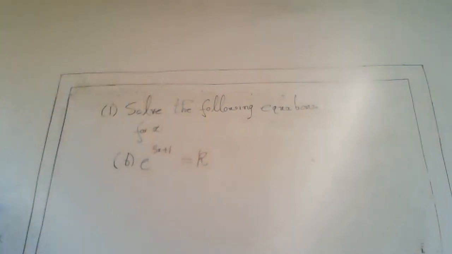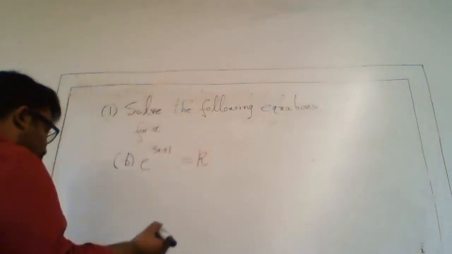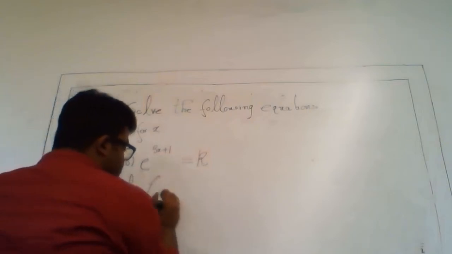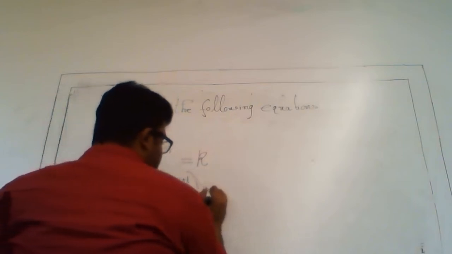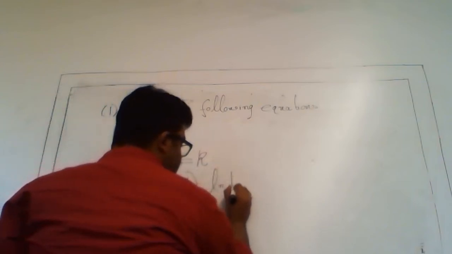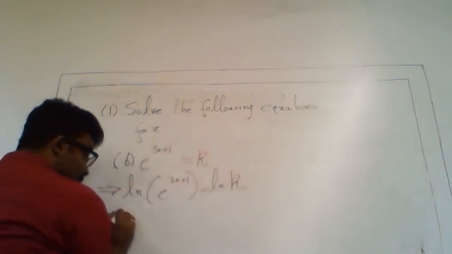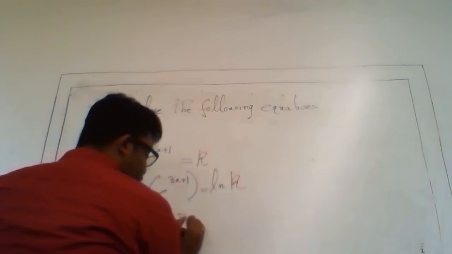So here I already have e, so I will now apply ln on both sides. If I apply ln on both sides, I get ln e to the power 3x plus 1 equal to ln k. Now you see I have ln and I have e, so they will cancel each other and I will be left with 3x plus 1 equal to ln k.